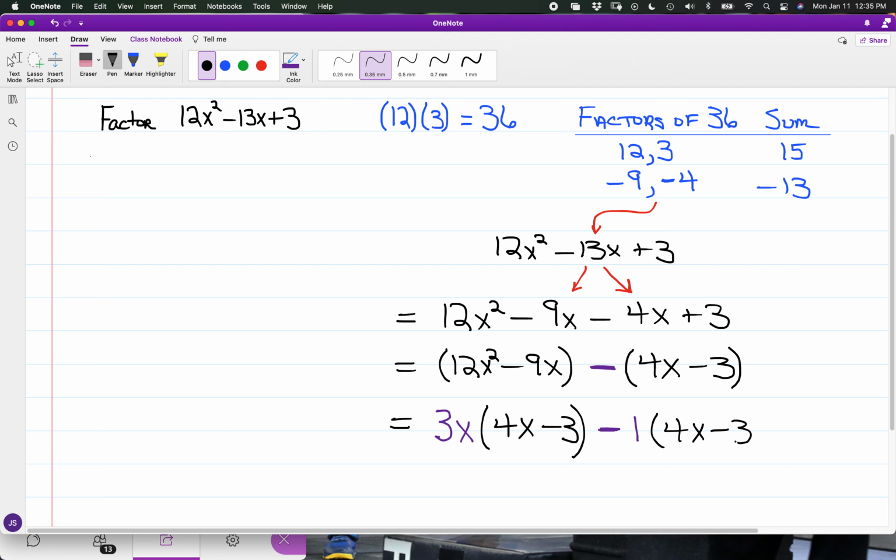And so for what we have in factoring, shared from the groups, we have 4x minus 3. And the other factor will arise from the greatest common factor terms and joining operation. So in this case, we have 3x minus 1.